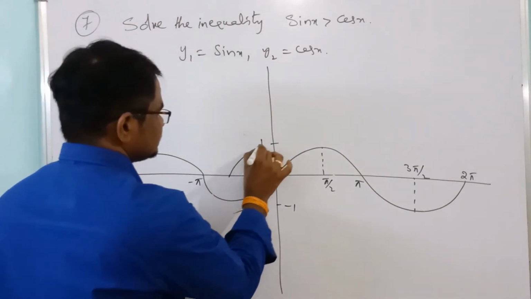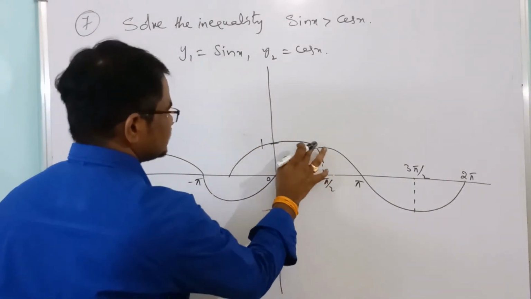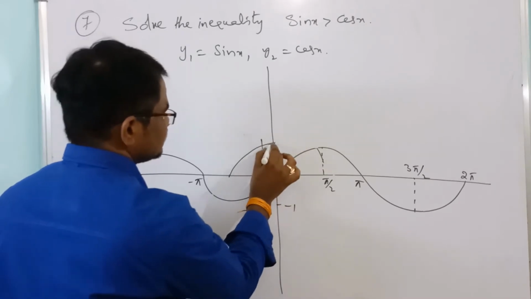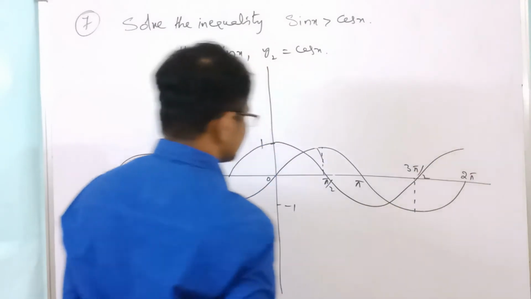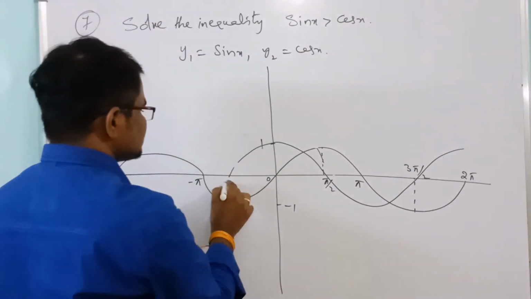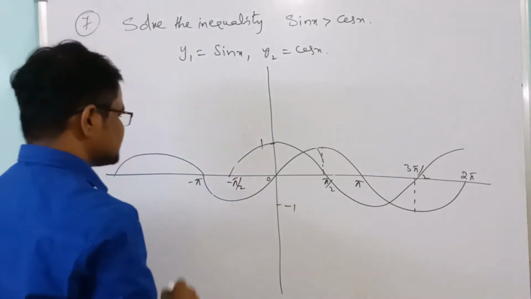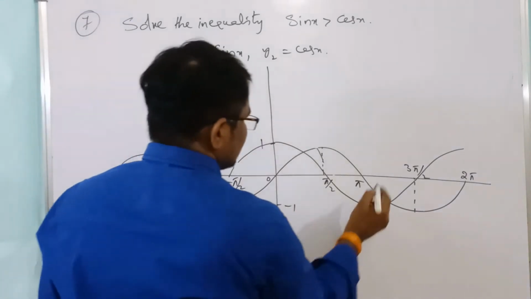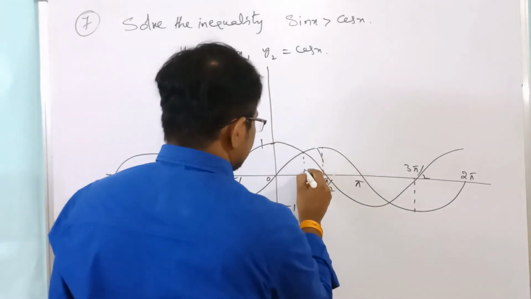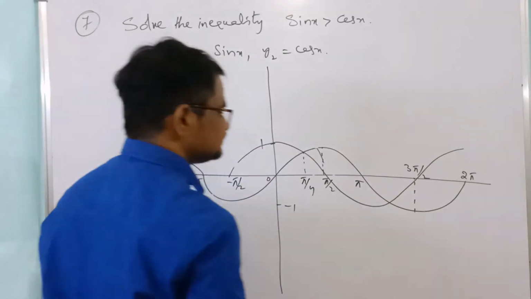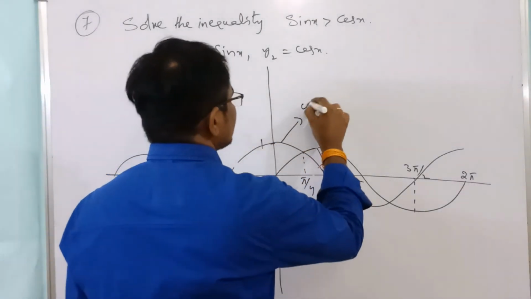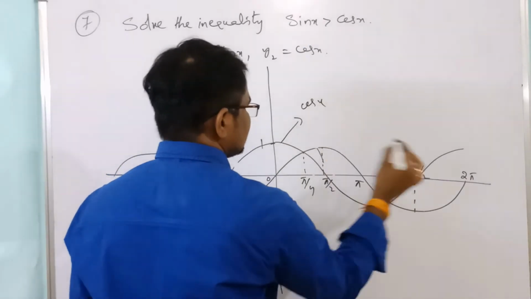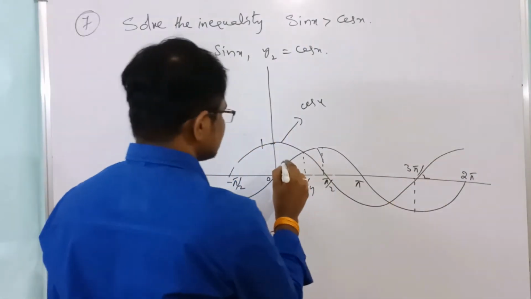Next, this is the cos x graph, pi by 2, minus pi by 2. Here pi by 4, right? This is the cos x graph, and this is the sin x graph.